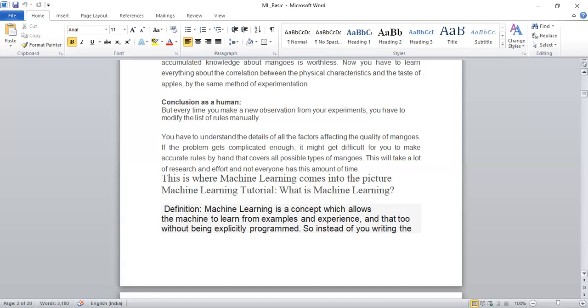Then you have to feed the machine with the training data sets. So the machine from that training data set tries to learn what sort of output it will deliver. Then that output, or other types of examples and experience, related data, will be fed again as an input.